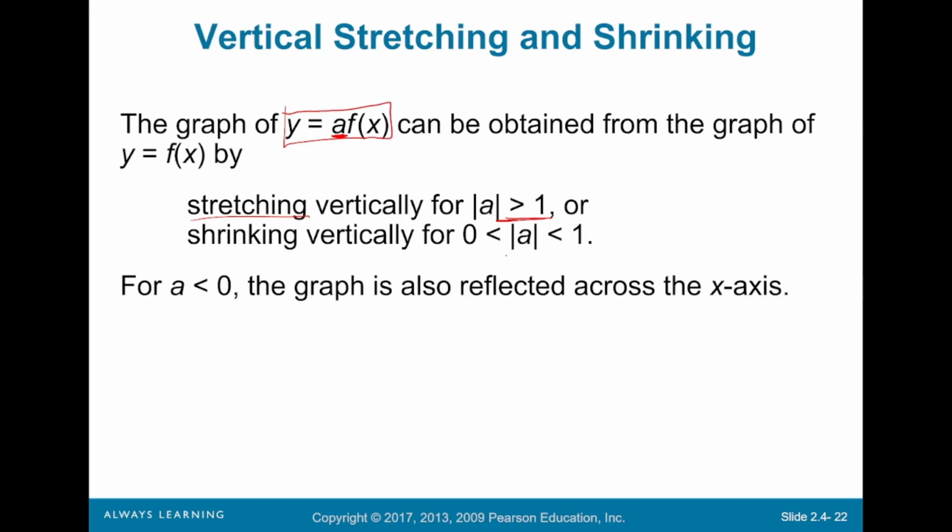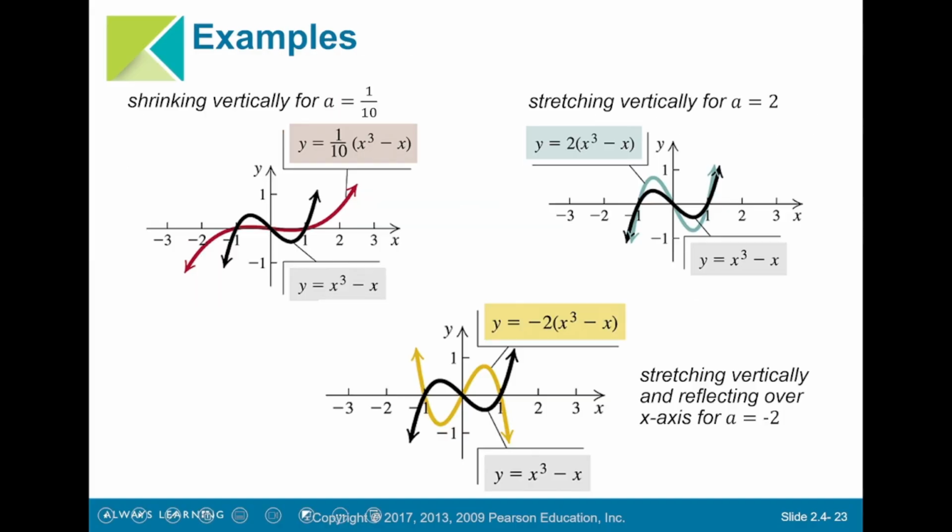But if it's less than 1, essentially some fraction, we're shrinking it. And anytime a is negative, we're flipping it across the x-axis like we saw before. That would be like sticking a negative out front, which we know means we're reflecting across the x-axis. So that's what we want to look for in these kinds of problems.